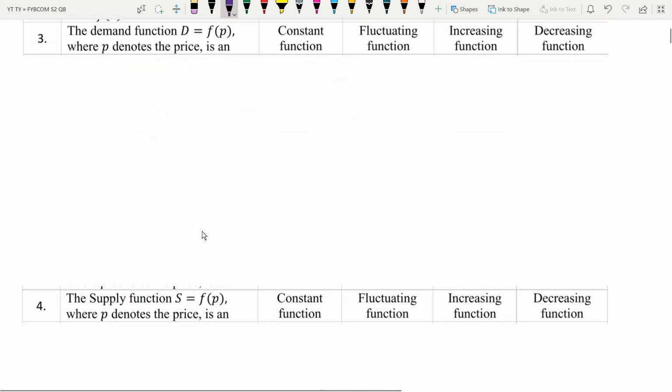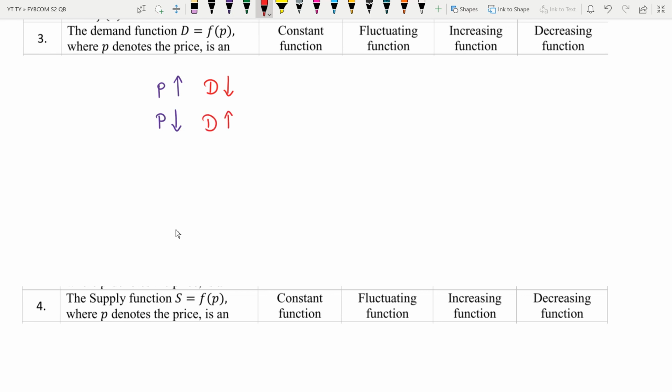This is nothing but a demand function. A demand function is a demand represented in terms of a price. Whenever my price P increases, then definitely the demand of that product decreases. If the price of a product reduces, then people will buy that product more, so the demand increases.